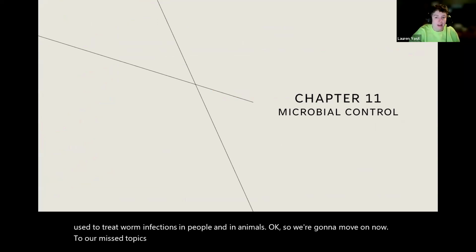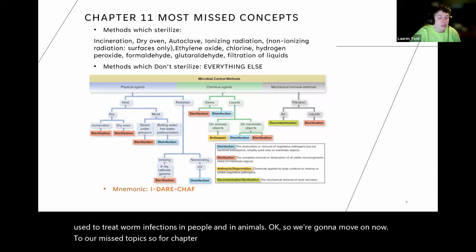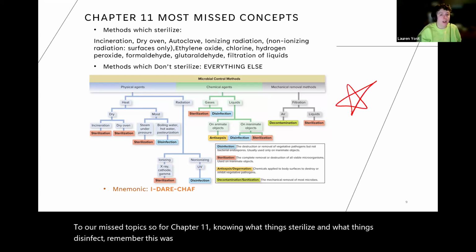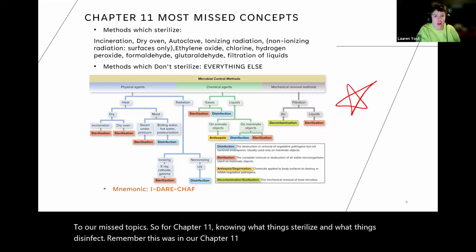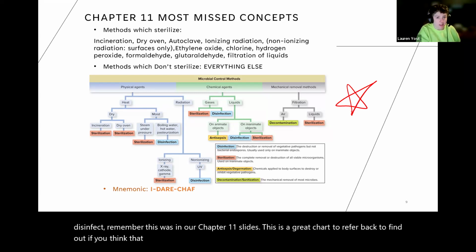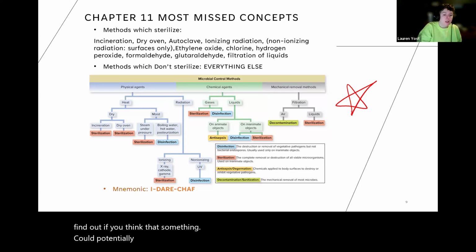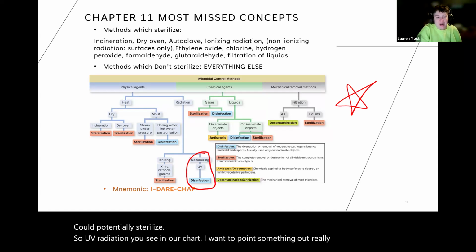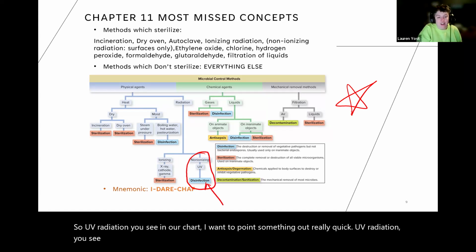So for chapter 11, knowing what things sterilize and what things disinfect, remember this was in our chapter 11 slides. This is a great chart to refer back to find out if you think that something could potentially sterilize. So UV radiation, you see in our chart, I want to point something out really quick. UV radiation, you see how it says disinfection?